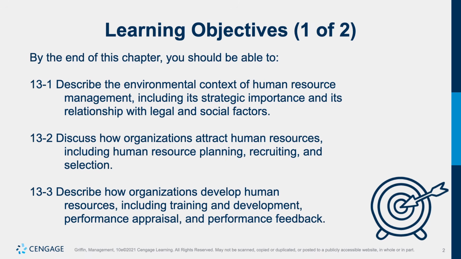Also, we'll be looking at how organizations attract human resources, and we know human resources is one of the resources that are required to be managed effectively and efficiently within organizations. So we'll be looking at how organizations can attract those resources, and that would include how organizations go about human resource planning, recruiting, and selection.